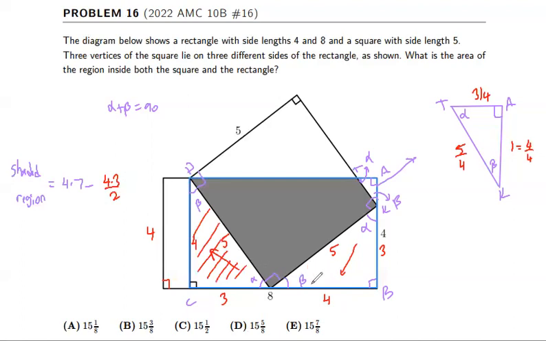I have the same thing right here, so I'm going to multiply this by 2. And the area of the smaller one, which is right here, I subtract as well: 3/4 times 1/2. If you do the subtraction, that gives me 15 and 5/8, which is our answer choice D.